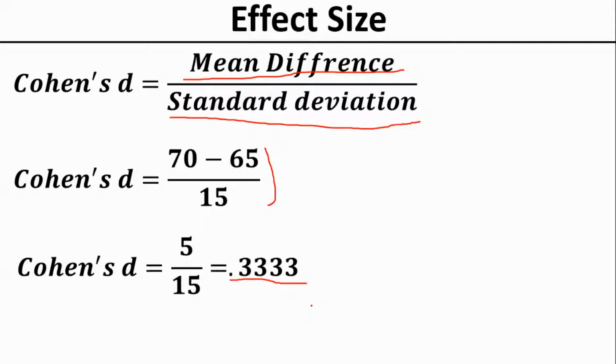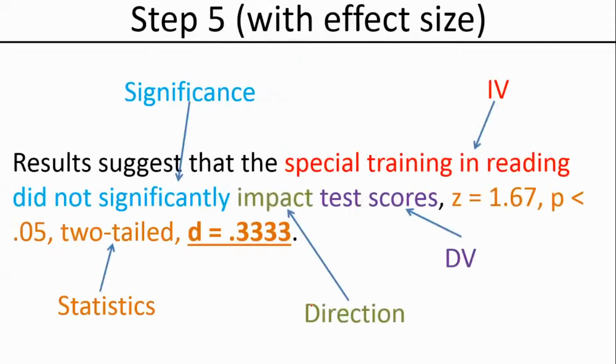Now, typically, if the results were not significant, we would not look at effect sizes. In this case, we wouldn't. But let's say, for example, that we did want to look at effect sizes. How would we report it? We report it by just putting it right after our two-tailed test. So we'd report our statistics, and we would give our Cohen's d. So d equals 0.333.